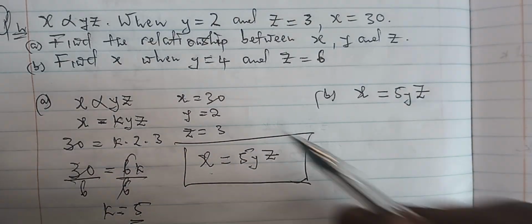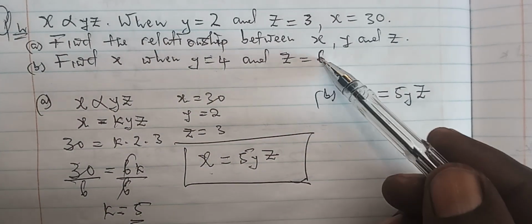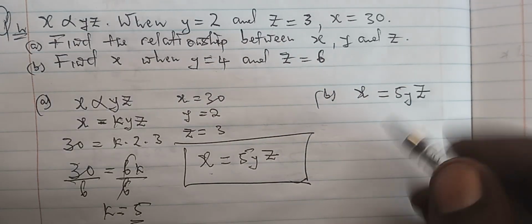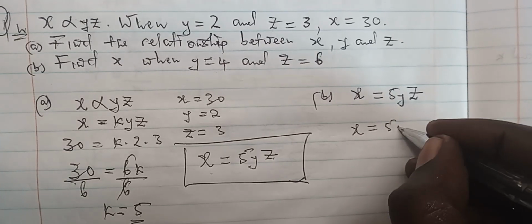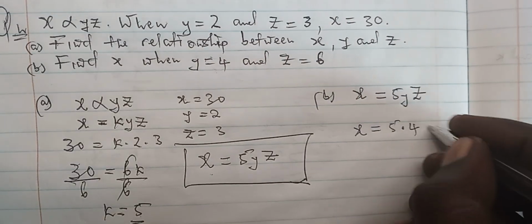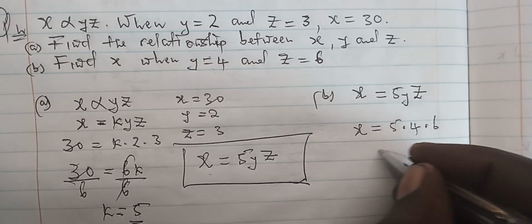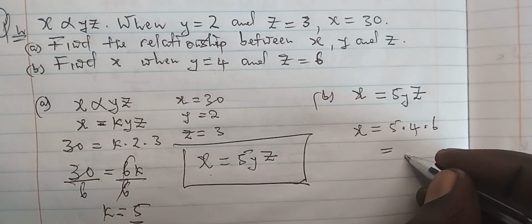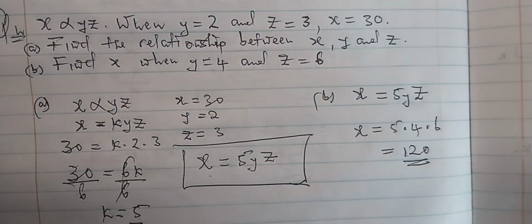Now we've got the value of y as 4 and the value of z as 6. We substitute these values in the formula so that x is equal to 5 multiplied by 4 multiplied by 6. If we multiply these numbers, we have 120 as the value of x.